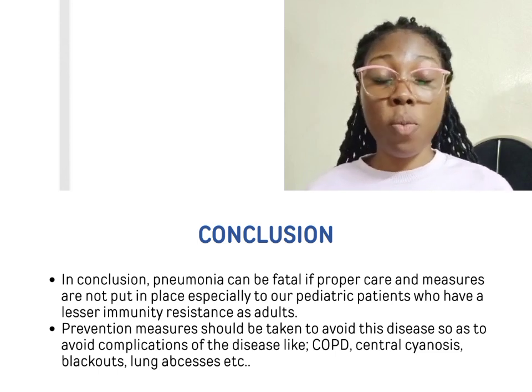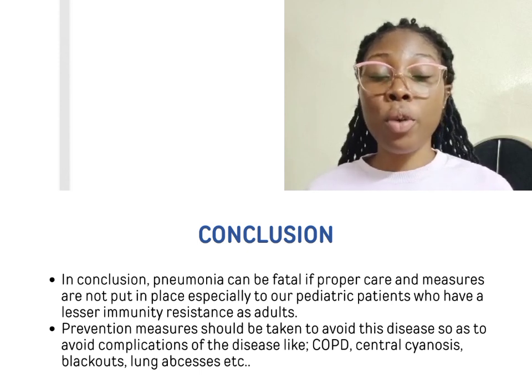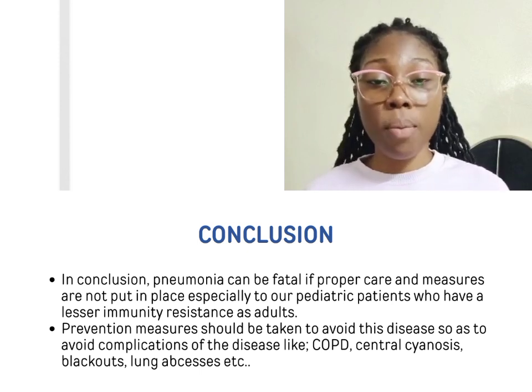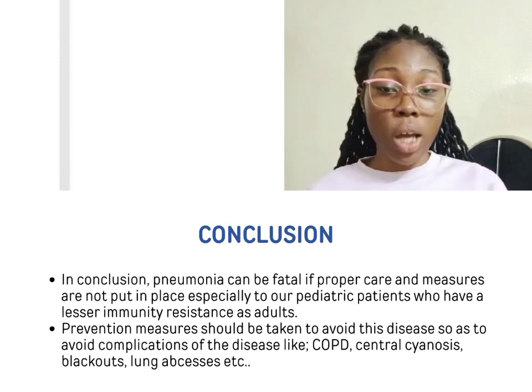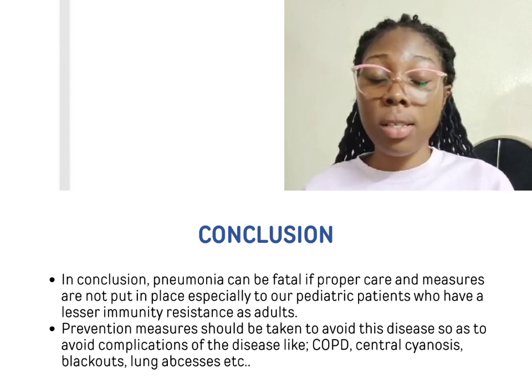It can also lead to blackouts of the child, as respiratory distress is going to cause lack of oxygen reaching the brain and so causing the child to pass out. And it can also cause lung abscesses and many more. So we are all advised to have a good knowledge about this disease and to be able to prevent it so as to avoid complications and avoid spending money.